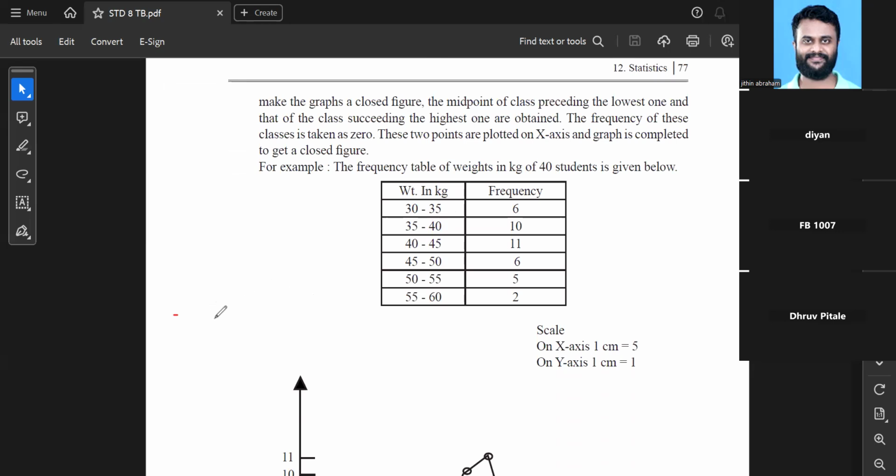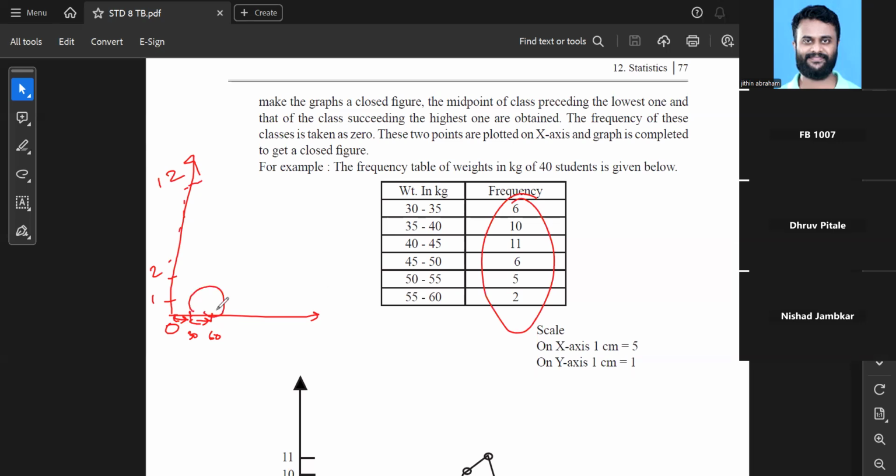So, in any graph, technically speaking, this starts with 0. फ्रीक्वेंसी में तो आप कैसे करते हो, 1 2 3 and so on करते करते जाते हो. यहाँ पर तो 12 तक जा रहे हो. बट x-axis में क्या है? स्टार्ट हो रहा है 30 से. ना यू थिंक यार, 0 के बाद अगर मैंने 30 इधर डाला, example, 30 के बाद 60 आना चाहिए इधर. Because if this distance is corresponding to 30 units, then उतने distance में वापस 60 लिखना चाहिए मुझे. बट मुझे 30 और 60 के बीच में ये सब दिखाने का. सो इतने छोटे जगह पे इतना सब कैसे दिखाएंगे?